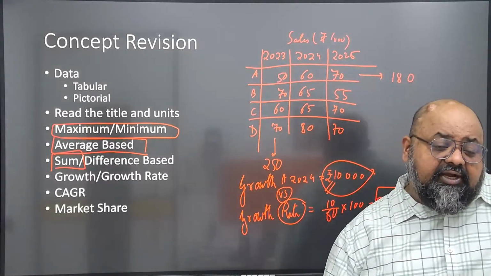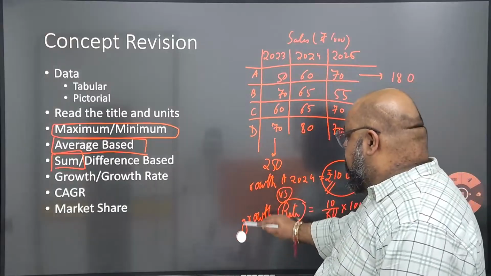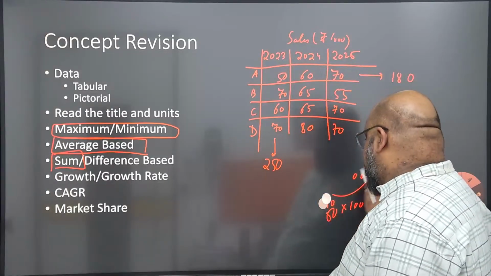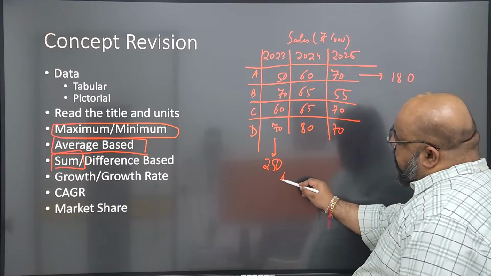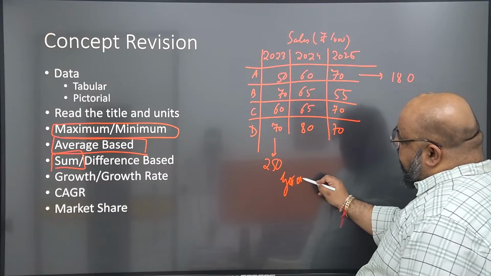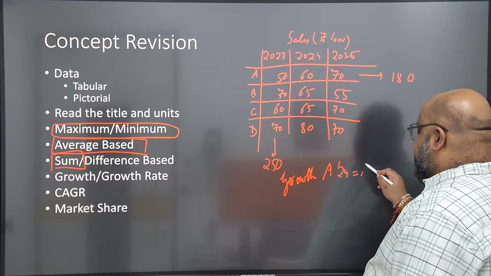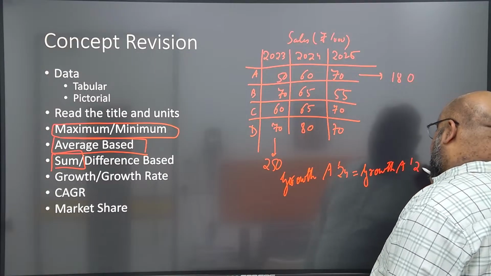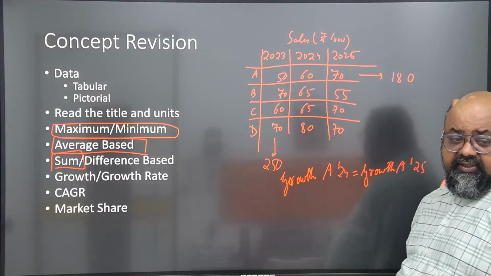And therefore, if you look at it, you'll realize that the growth, I'm talking about A only, for A in 24 is the same as growth for A in 25. In 24 also it grew by 10,000, in 25 it also grew by 10,000.